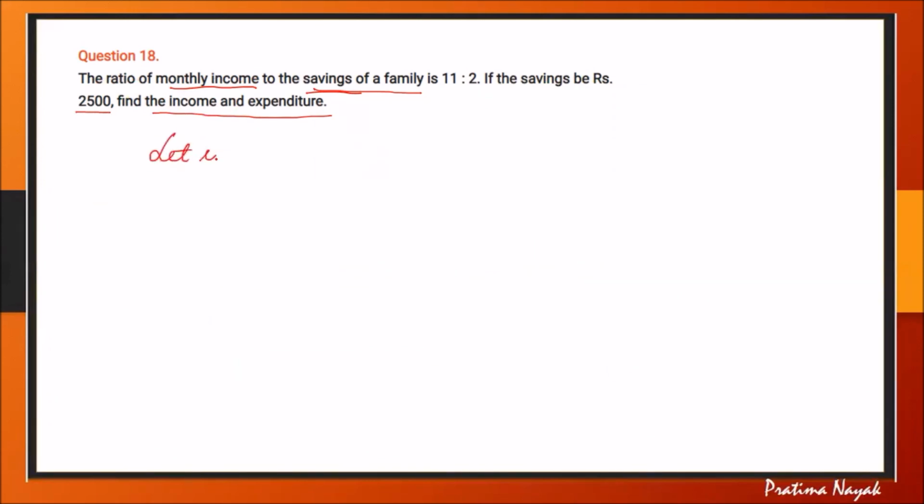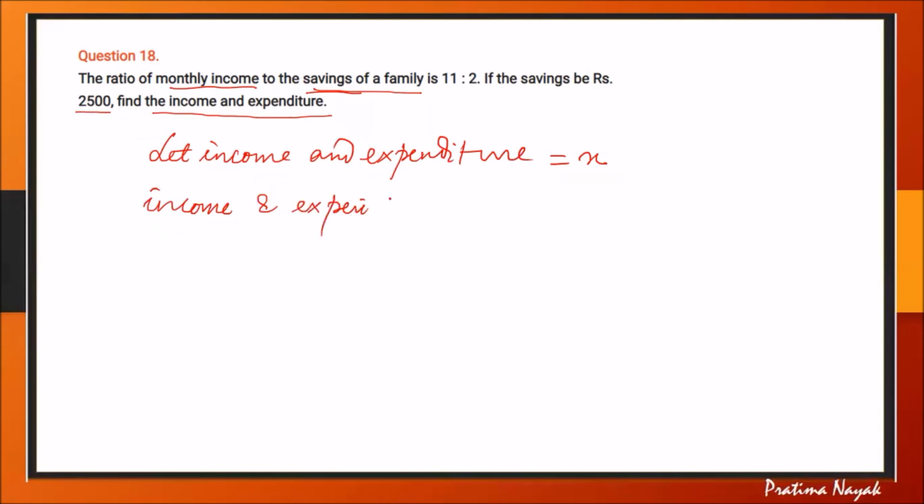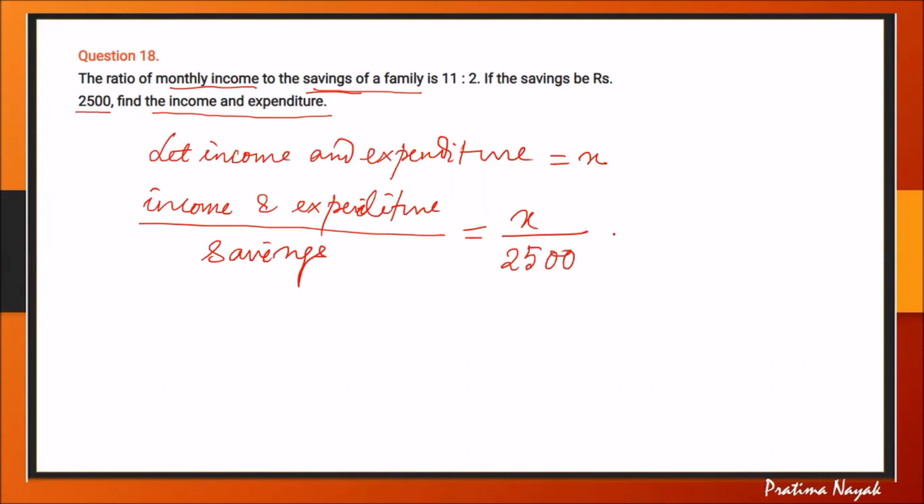Let income and expenditure, because after income and expenditure one can save, be equal to x. Then the ratio of income and expenditure to savings is equal to how much? It will be x upon savings, 2500. This is equal to, according to the question, 11 by 2.